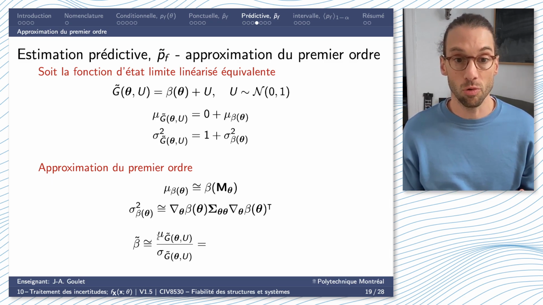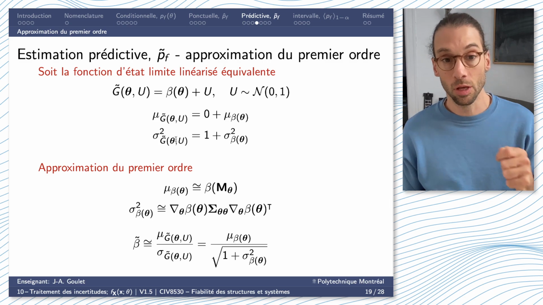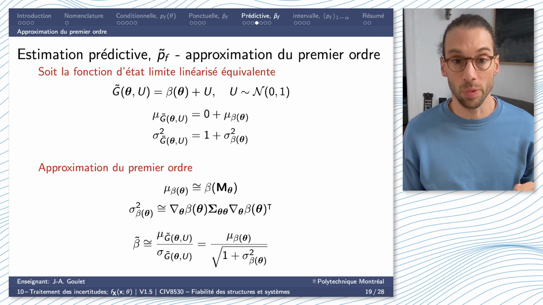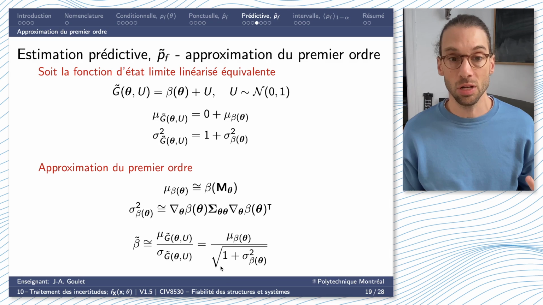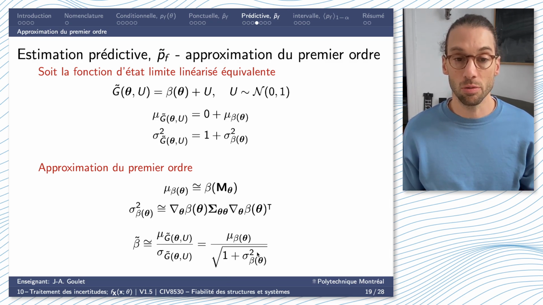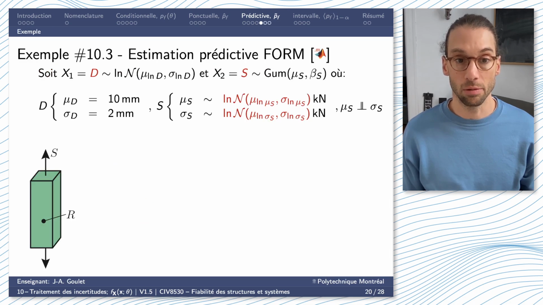On the numerator we have the mean of g of u, and in the denominator the standard deviation of g, so the square root of what we have here. So we're going to have mu of beta, beta evaluated at the expected value, divided by the square root of 1 plus the variance of beta.